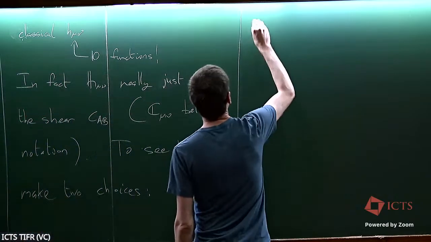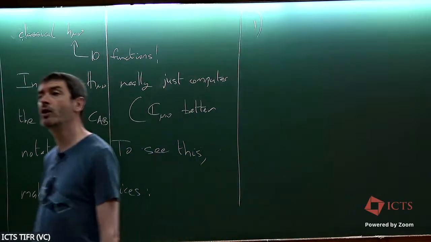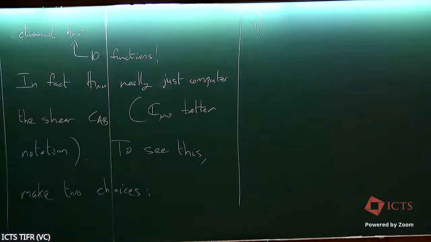The first thing I'm going to do is pick some coordinates for my observer, which are adapted to this Bondi story, but are also related to the stationary phase computations which led to this expression in the quantum field.